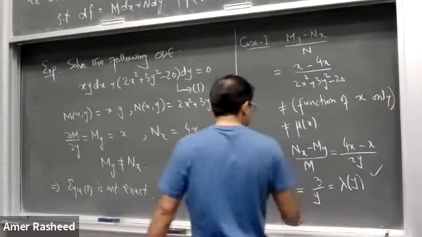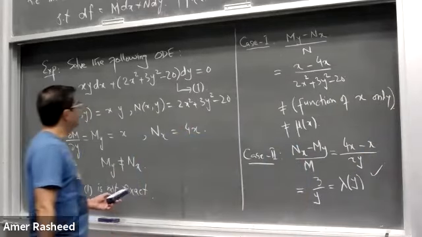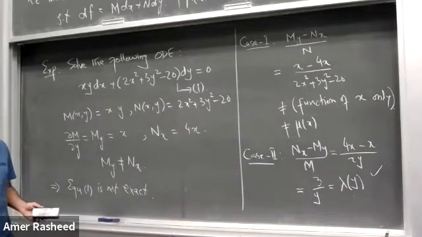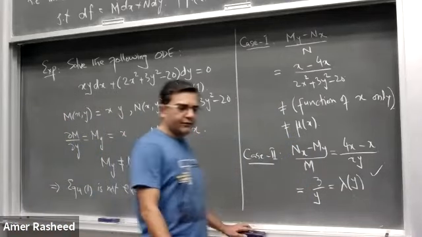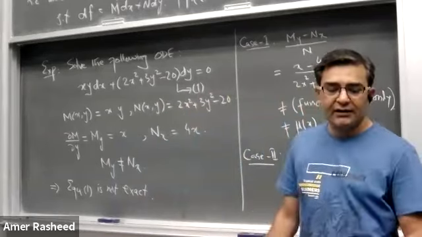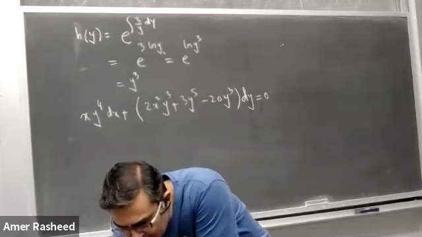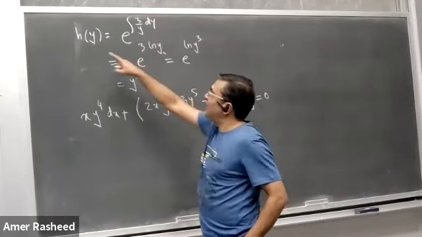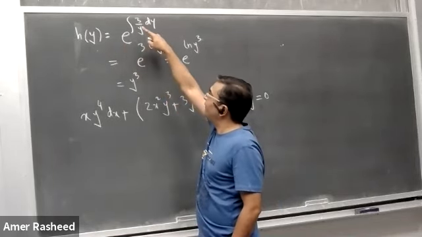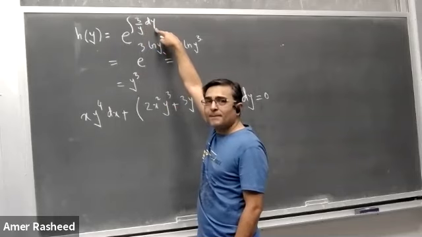Now, what would be the integrating factor in this case? The integrating factor, let me go to the other board, is h of y equals e raised to the power of the integral of 3 by y dy.